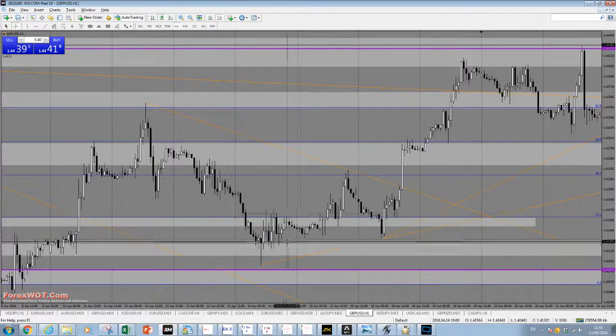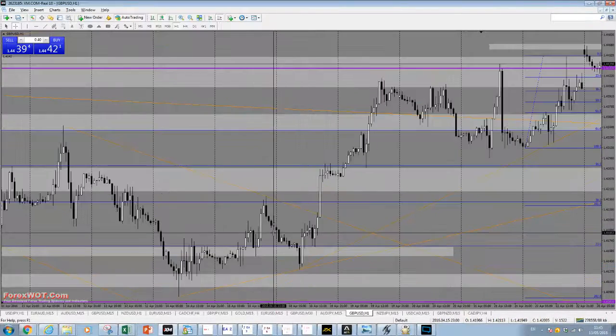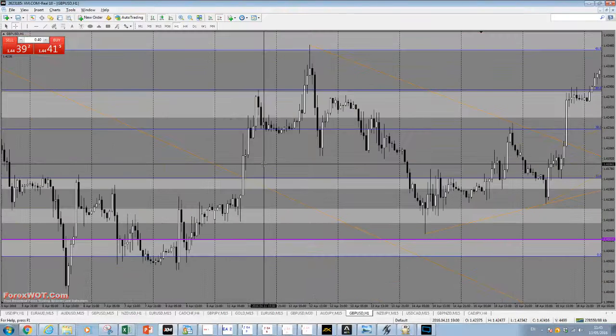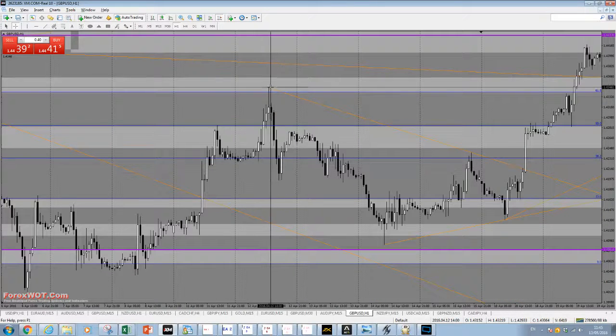Depends where you entered. You just need to position it below the zone and have it either 15, 20 or 25 pip stop loss. Right, so you can see back here, where was it? Yeah, here, rejection of this zone and then fall down. I think I showed you that one already.